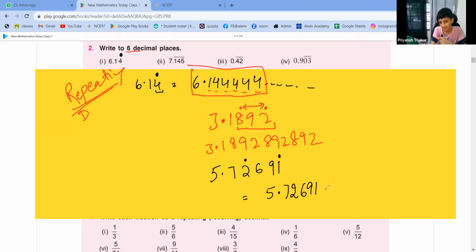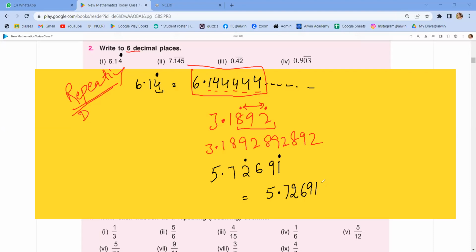Then we have to get it to the 6 decimal point. So we're gonna repeat the same thing. 72691. Aryaman, is Priyansh correct? Should I repeat this same pattern? 72691, 72691.